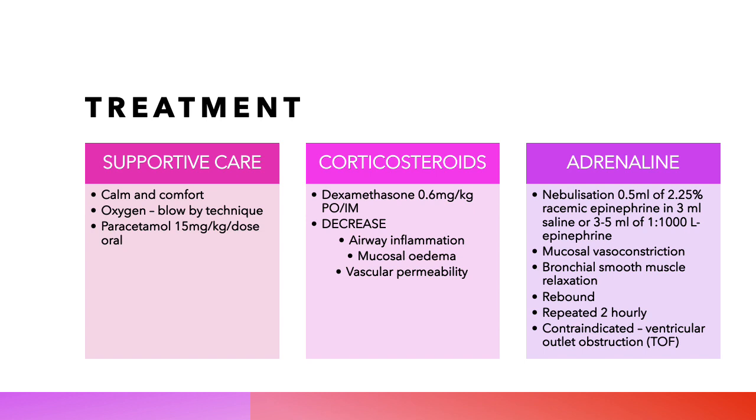So, what is the steroid of choice which is given? It is dexamethasone. It is given in a dose of 0.6 mg per kg orally or intramuscularly, a single dose. If oral or intramuscular steroid administration is not possible, nebulized budesonide can also be given.